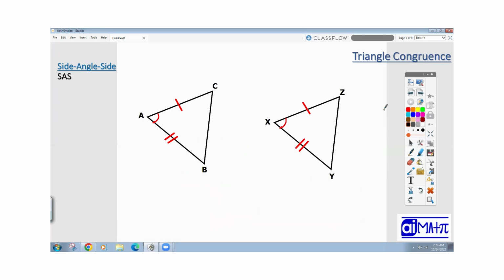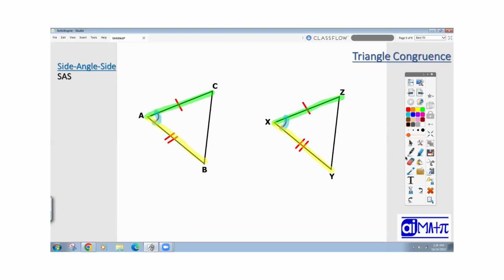Another way you can prove triangles congruent is side, angle, side. And here I want you to pay attention to this line, which has 1 indicator on it. This angle is marked the same as this, and this side is marked the same as this side.